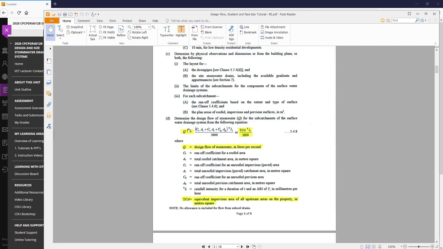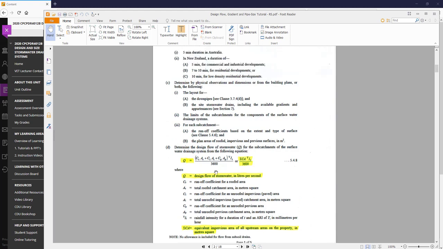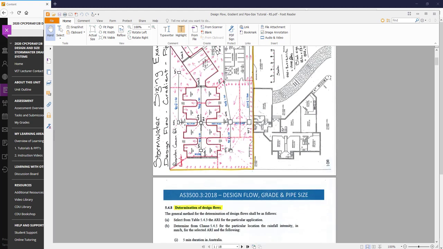So the formula has two parts. We can either work it out using this part, which is quite long and drawn out, or we can take the easy option, which is ECA, which is the metres of the area. And if we go back up here, we'll see that the catchment area for instance on SP1 was 20 square metres.